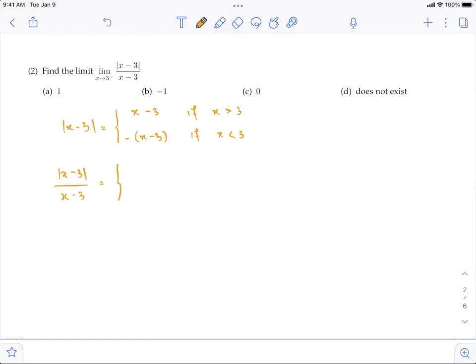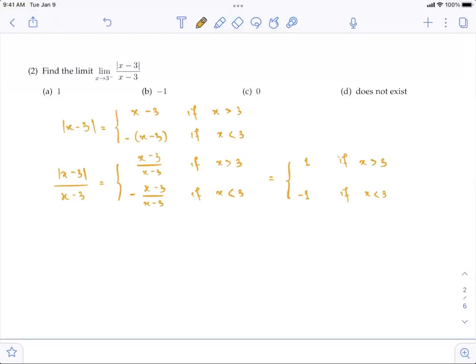Then you get x minus 3 over x minus 3 if x is greater than 3, and negative of x minus 3 over x minus 3 if x is less than 3, which is equal to positive 1 if x is greater than 3, and negative 1 if x is less than 3.